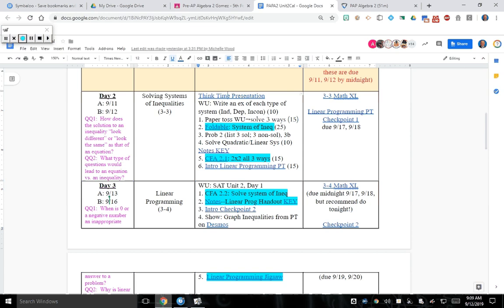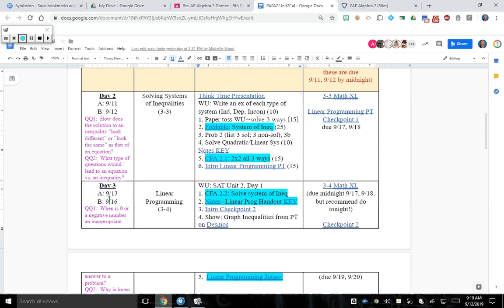All right. So we just did the warm-up as far as doing the independent, dependent, and inconsistent forms of systems of equations. Now what I want to do is go to these notes that are dealing with linear programming. Or sorry, not linear programming, inequalities. So go ahead and grab this sheet out right here.